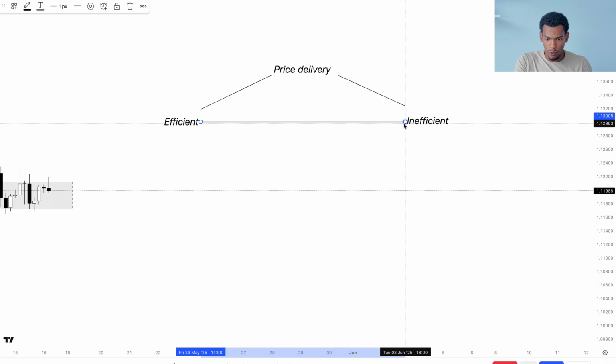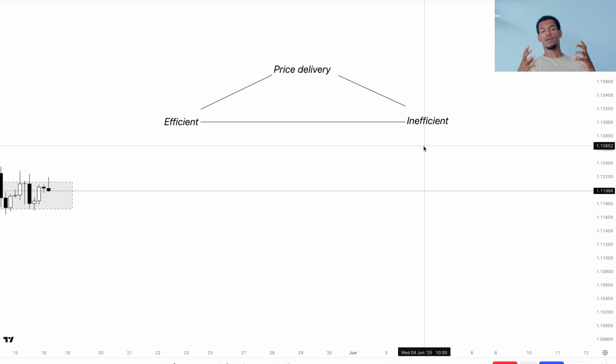And this is just something you have to be comfortable with, that an area will either be more efficient or inefficient than a previous area, and it's always compared to another area. It's very difficult to just call one type of price behavior efficient and another inefficient, because price materializes in a whole bunch of variations, right? You have to be able to read when price is relatively efficient and when it's relatively inefficient.